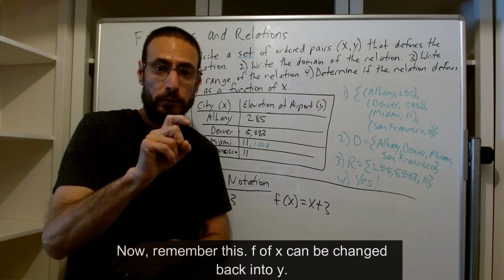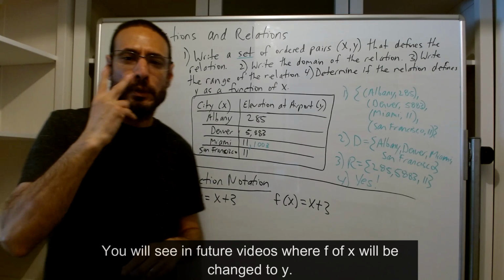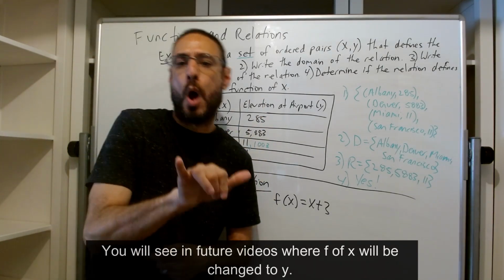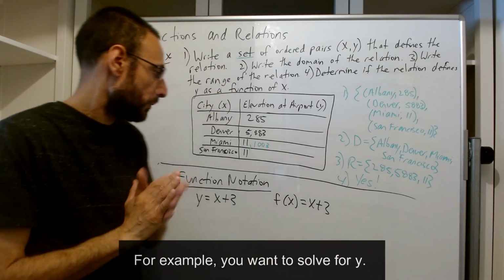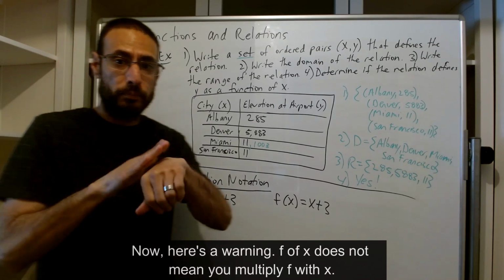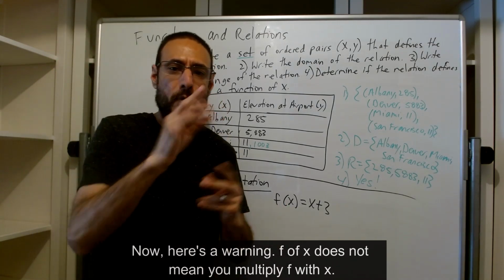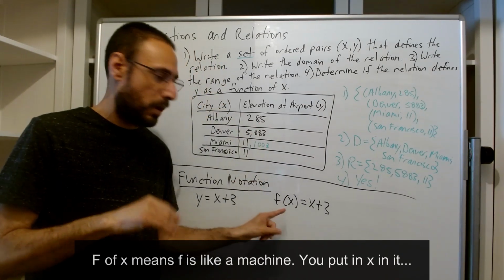Now, remember this. f of x can be changed back into y. You will see in future videos where f of x will be changed to y. For example, you want to solve for y. Now, here's a warning. f of x does not mean you multiply f with x. f of x means f is like a machine.